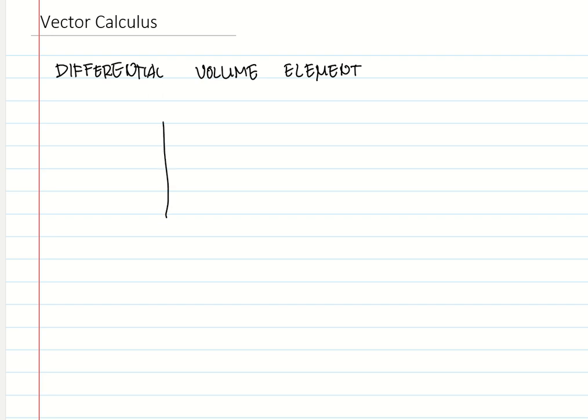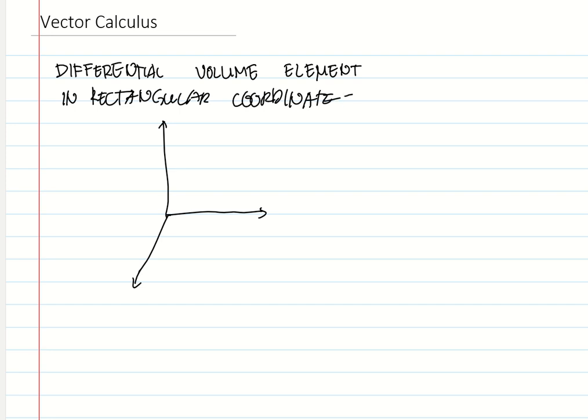So if we plot this one in our coordinate system, first, let us look at the differential volume in rectangular coordinate system. So when we take a differential volume, because the lengths of the sides of that volume will become very, very small because we're taking the derivative, it approaches zero.